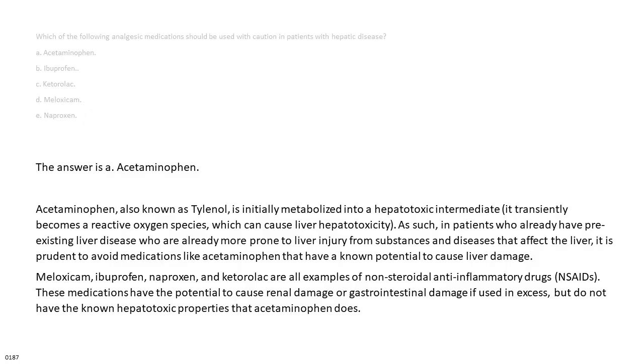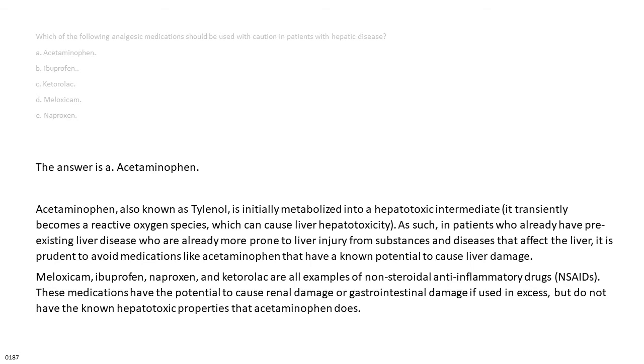The answer is A. Acetaminophen. Acetaminophen, also known as Tylenol, is initially metabolized into a hepatotoxic intermediate. It transiently becomes a reactive oxygen species, which can cause liver hepatotoxicity. As such, in patients who already have pre-existing liver disease who are already more prone to liver injury from substances and diseases that affect the liver, it is prudent to avoid medications like acetaminophen that have a known potential to cause liver damage.